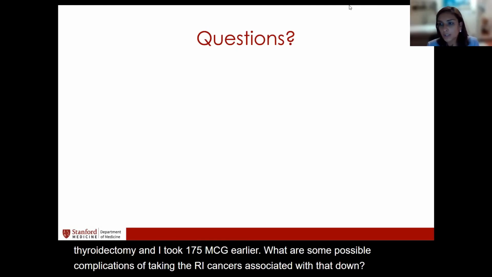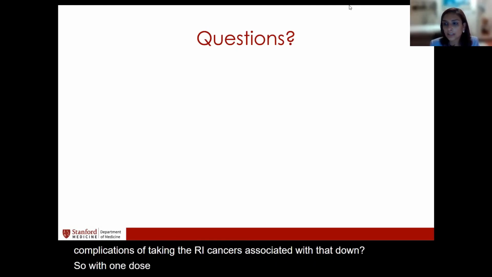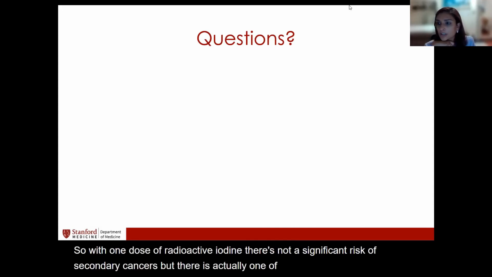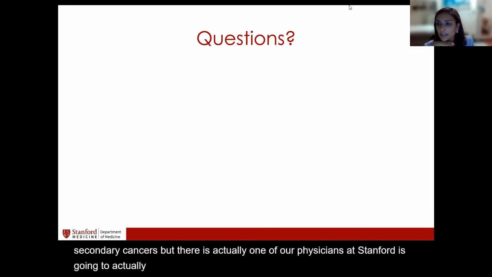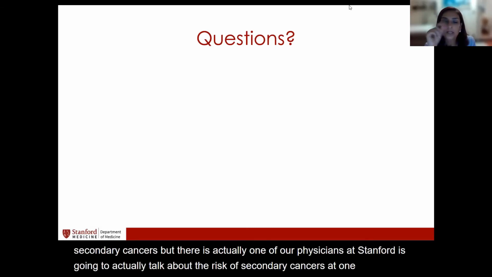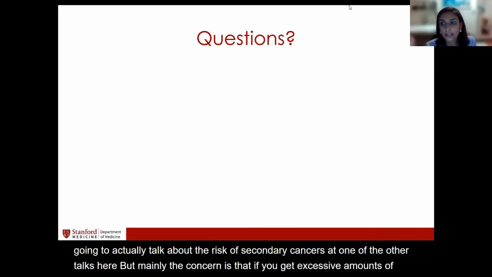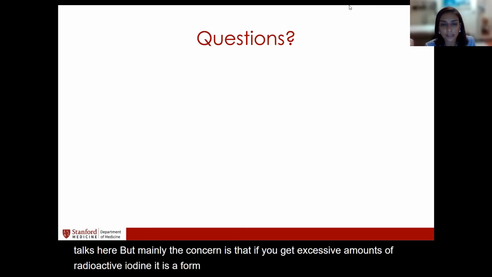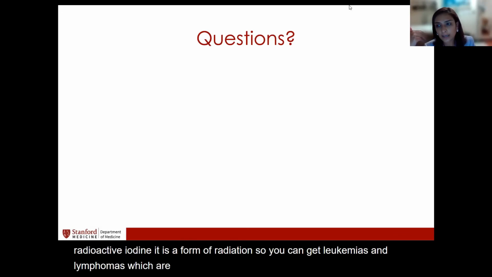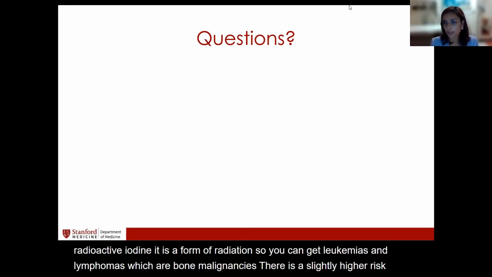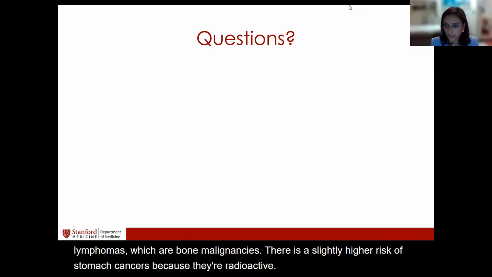So with one dose of radioactive iodine, there's not a significant risk of secondary cancers, but one of our physicians at Stanford is going to talk about the risk of secondary cancers at one of the other talks here. Mainly the concern is that if you get excessive amounts of radioactive iodine, it is a form of radiation, so you can get leukemias and lymphomas, which are bone marrow malignancies. There is a slightly higher risk of stomach cancers because the radioactive iodine sits in the stomach before it gets dissolved.